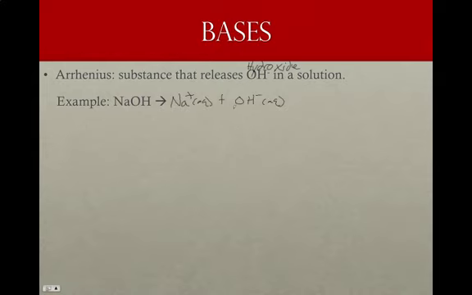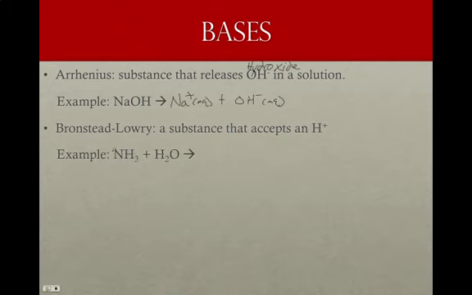The other definition is a Bronsted-Lowry base. And a Bronsted-Lowry base is a substance that accepts a proton. So if I have NH3 and H2O, the NH3 is going to be my base.